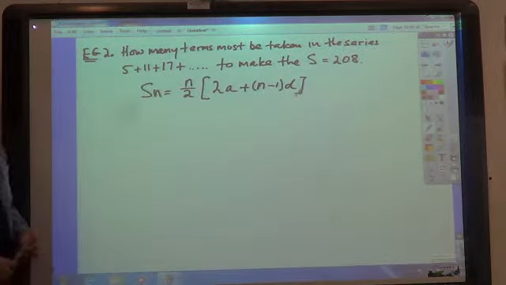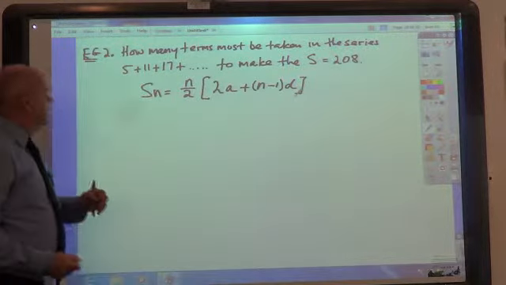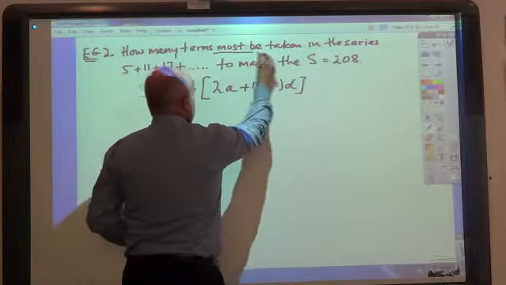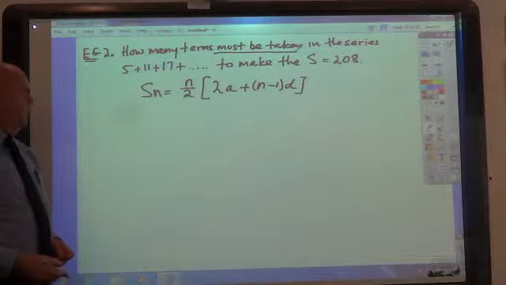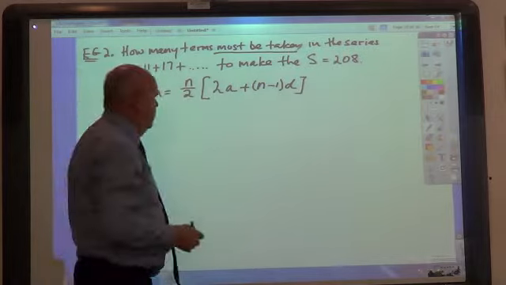Okay, and then I'm going to look at that formula and work out what it is I need to find out. How many terms must be taken? Well, it's really asking us how many terms will be in the series that lead to a sum of 208, isn't it? That's asking us to find n.